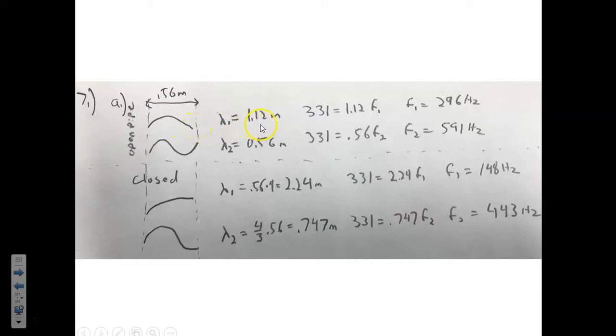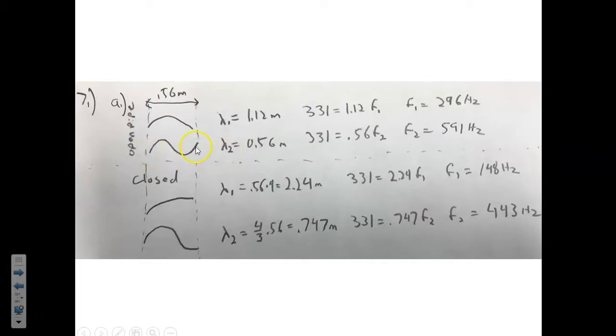So that's 1.12. The speed of sound we said was 331 meters per second. So v equals lambda f. Plugging in, we get the first frequency is 296 hertz. The next frequency we're going to get is with n equals 2.